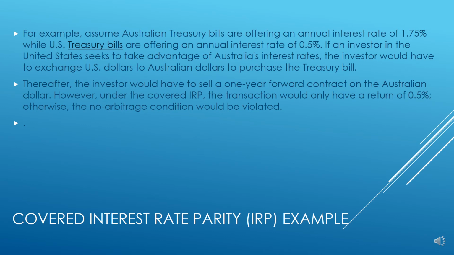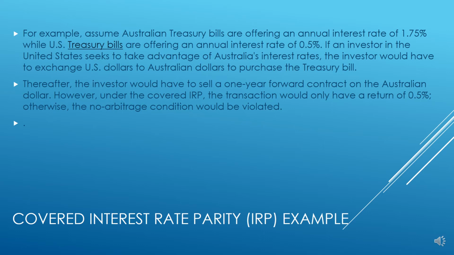If we talk about covered interest rates, when the no arbitrage condition is satisfied with the use of a forward contract to hedge against exposure to exchange rate risk, interest rate parity is said to be covered.